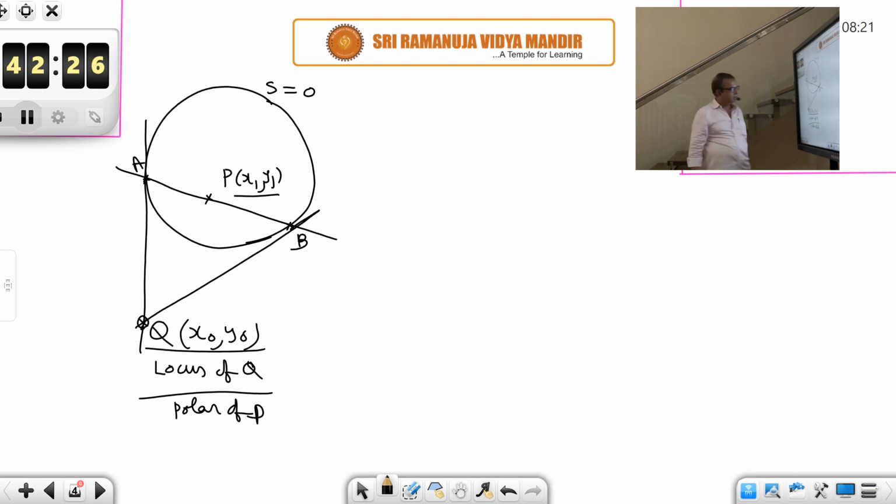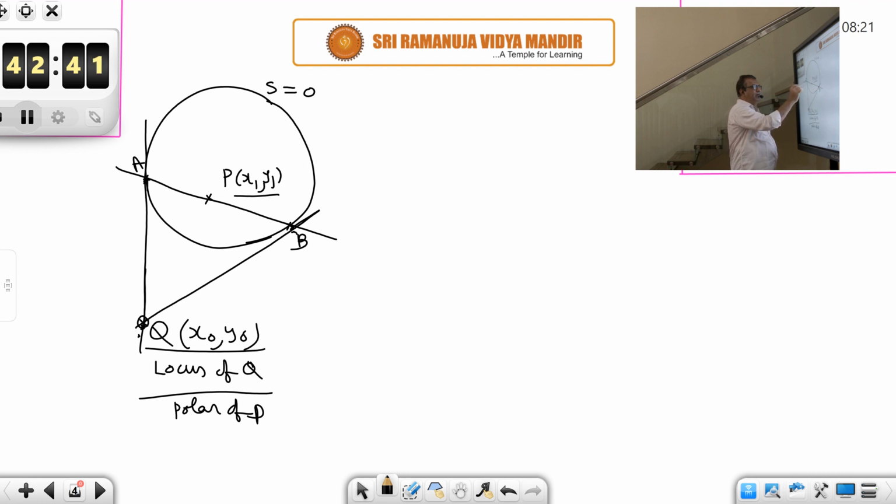How to find the locus? Now, Q is outside the circle, because it is the point of intersection of two tangents to the circle. From there, QA and QB are what? Tangents.